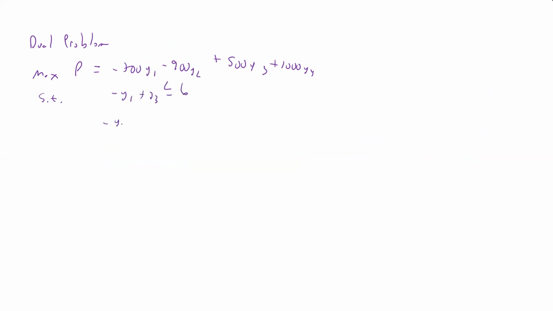Then -y1 plus y4 less than or equal to 5. And then -y2 plus y3 less than or equal to 4. And -y2 plus y4 less than or equal to 8. And y1, y2, y3, and y4 are all going to be greater than or equal to 0. So that's our dual problem.